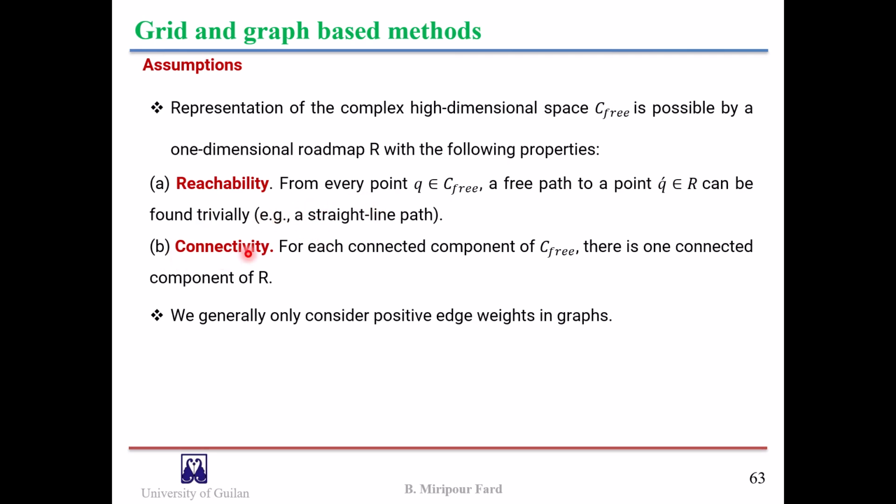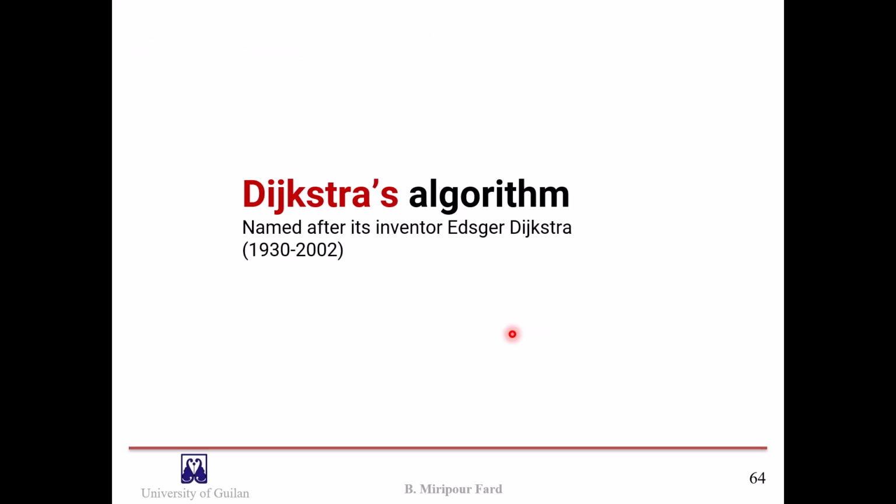And connectivity, that means for each connected component of C-free, there is one connected component of the roadmap. We also generally consider positive edge weights in graphs.